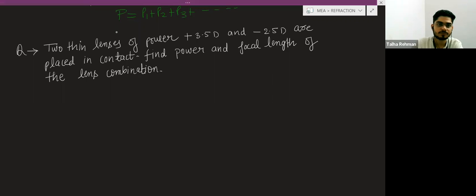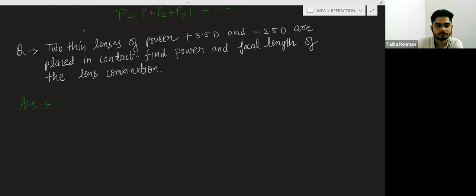So how will you solve it? Two thin lenses are placed in contact. One lens has this power, another lens has this power. So the power of the combination, suppose, is given by P, and we have two lenses, so you will add both the powers algebraically, means with sign you will add. So total power will be the first power, that is plus 3.5.